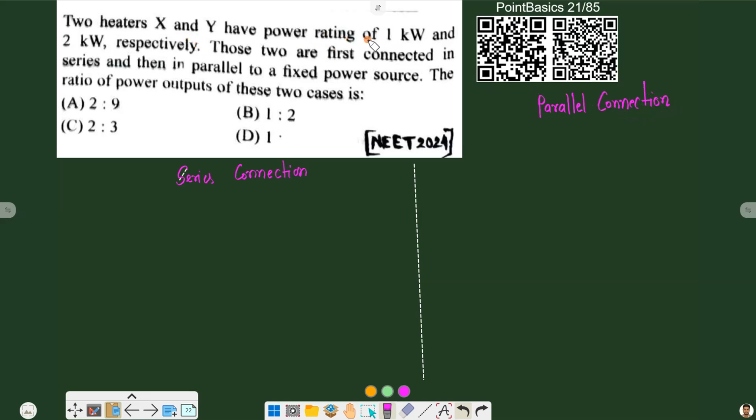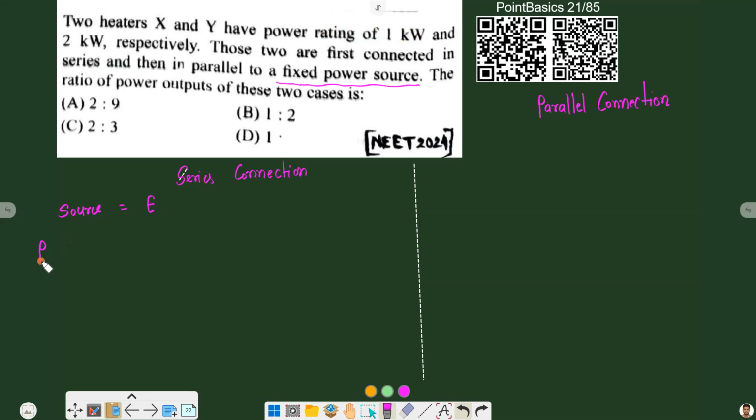Now their power ratings are given, but the potential is not given, at which they are rated. So we assume that, as a fixed power source is mentioned, we are taking a source at E volts, and their rating we are assuming is also E volts.